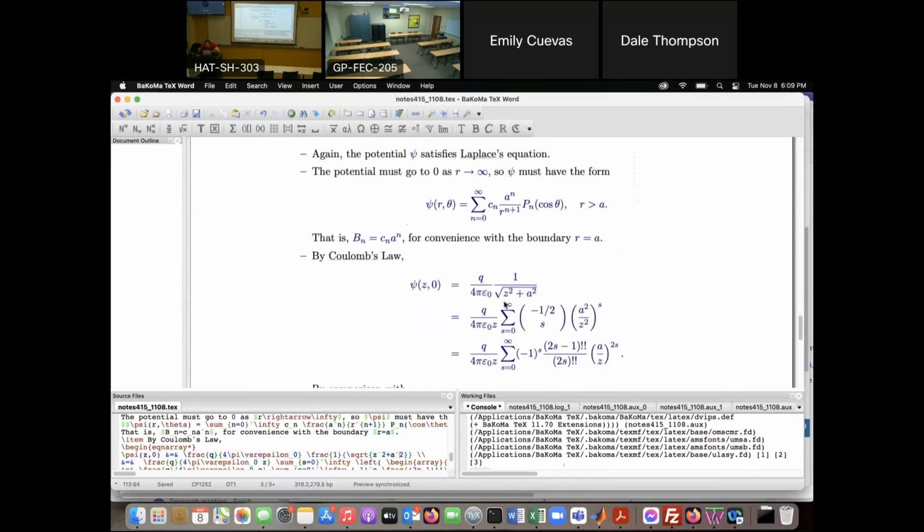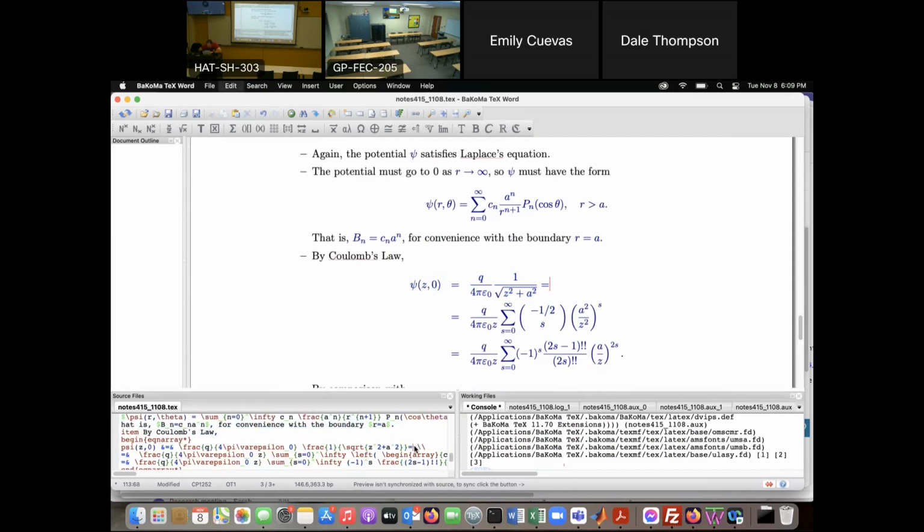But then we write this as a series. Because this is z squared plus a squared raised to the -1/2 power, we can use the generalized binomial theorem, with generalized binomial coefficients, the exponent being -1/2.